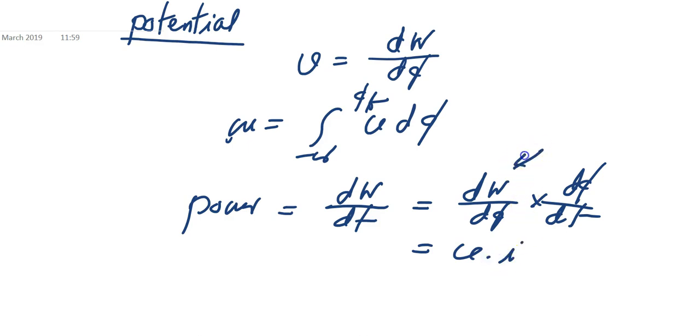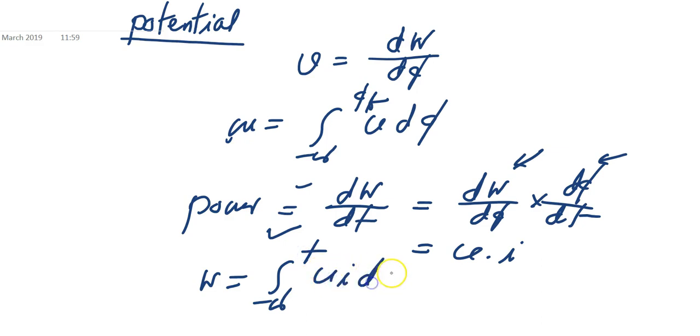This part is voltage and this part is current. So using this relation, w is the integral from minus infinity to t of v i dτ.